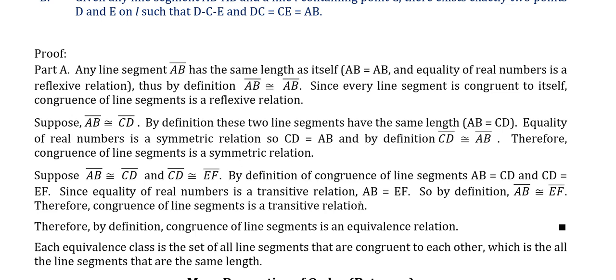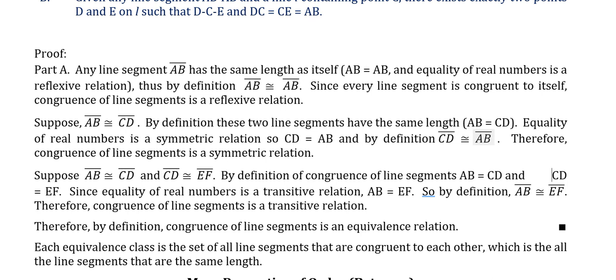Now let's get transitivity. Suppose line segment AB is congruent to line segment CD, and line segment CD is congruent to line segment EF. Again, by definition of congruent line segments, that means that the length AB is equal to the length CD, and CD is also equal to EF. Those are lengths now. Lengths are distances.